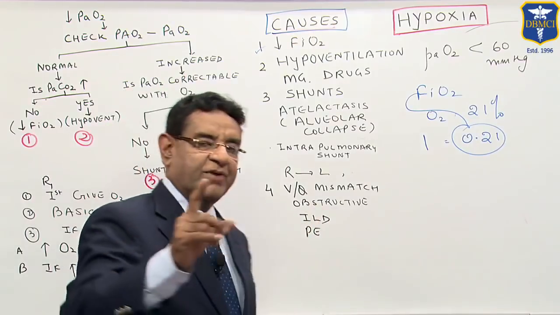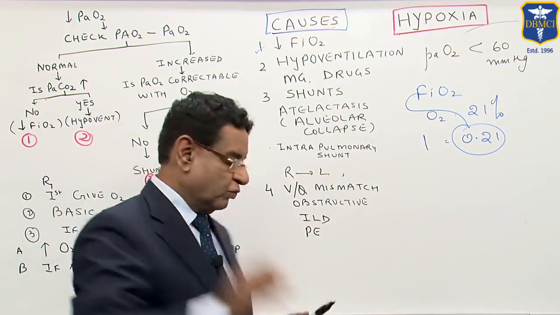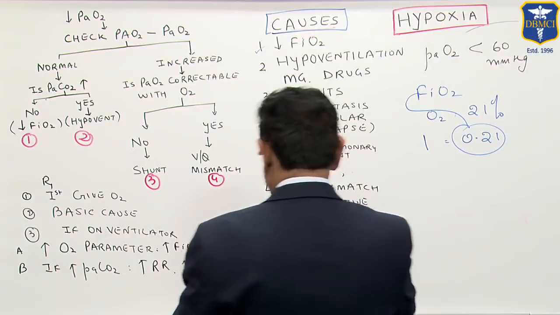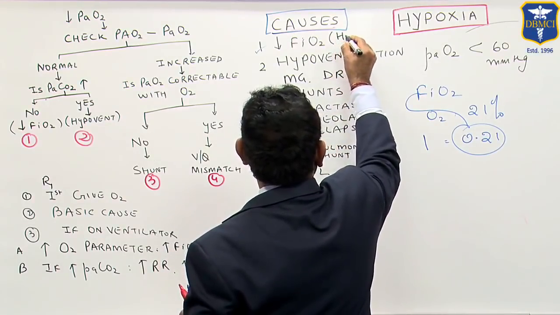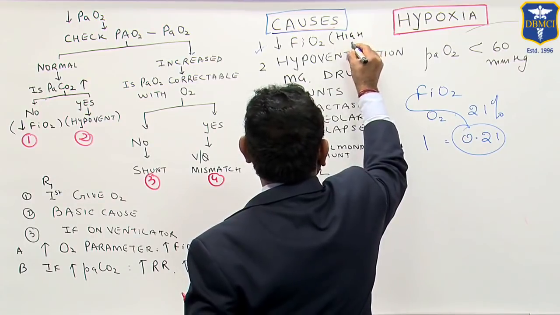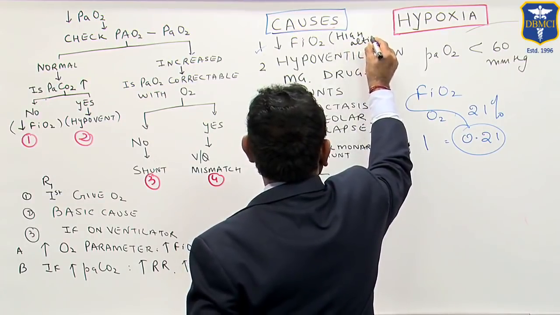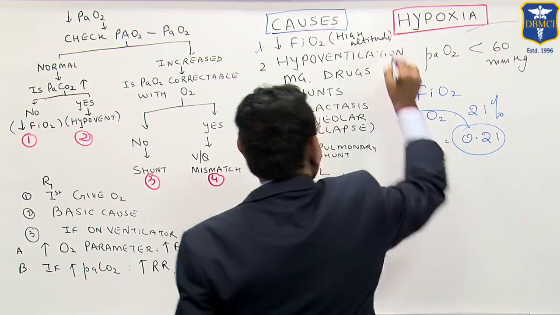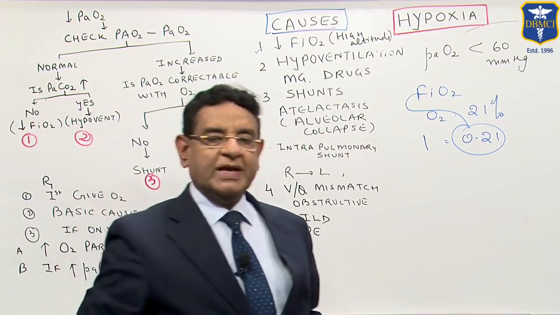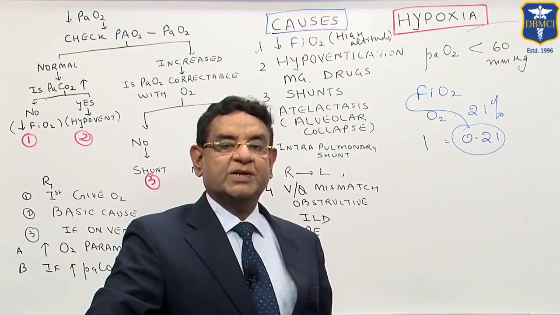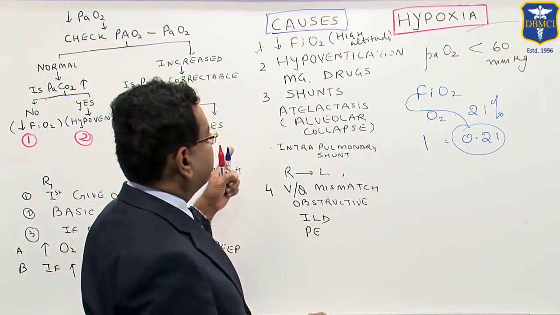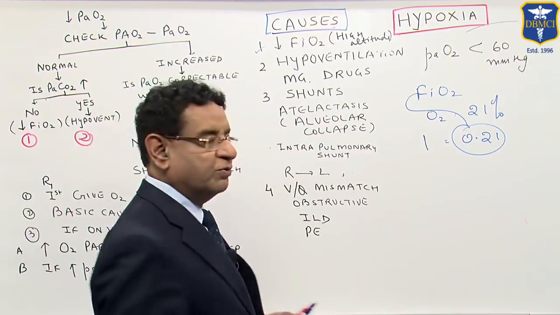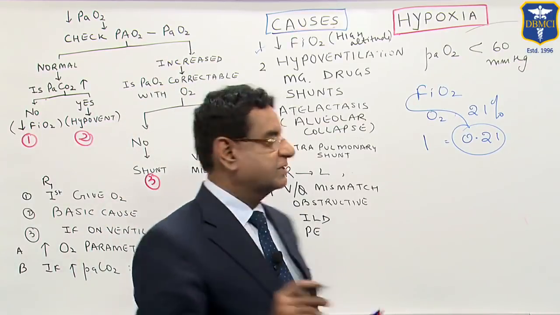There FiO2 is less than 0.21. So you can write down reduced FiO2: high altitude. That's why when you go to very high places, some patients do have some respiratory difficulty. So now you are clear what FiO2 is and how and where it is reduced.